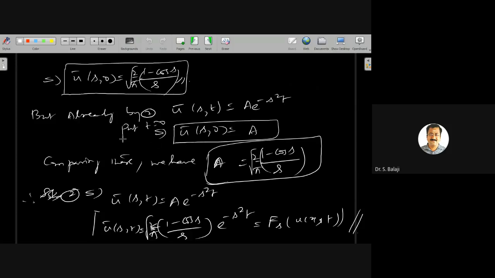Put t equal to 0, so u bar of s comma 0 equals A. Comparing these two, you can get A equal to root of 2 by pi times (1 minus cos s) by s.